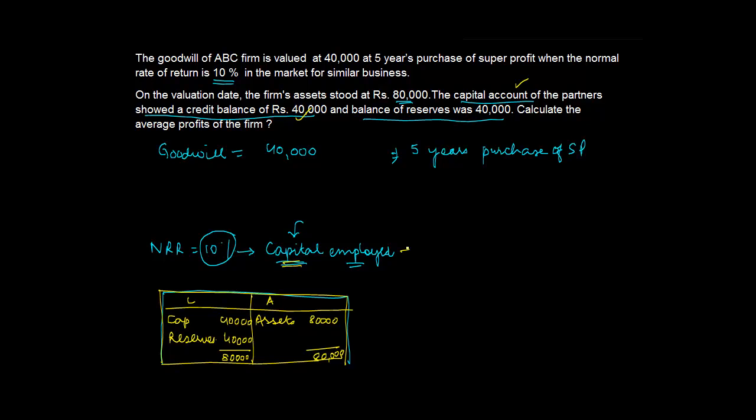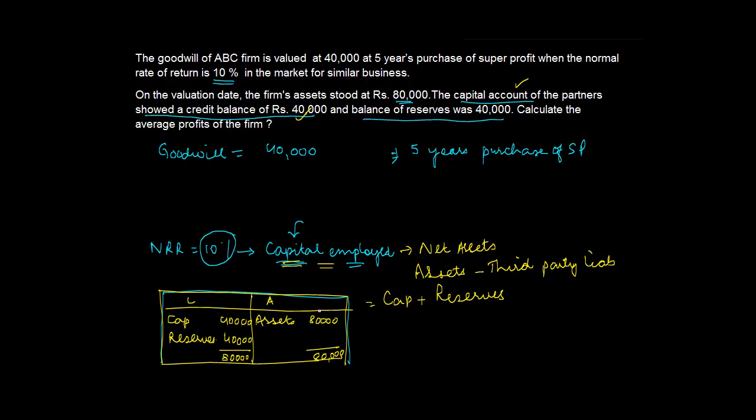Capital employed basically is the net assets which are employed in the business. So if you have some assets, from that you will deduct the third party liabilities and you get the capital employed. Or you can also take this capital employed as the total of capital plus reserves and surplus.